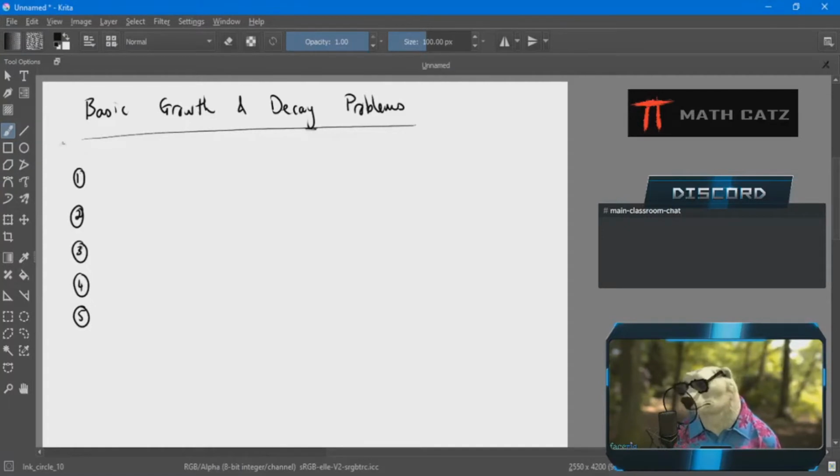The very first one is the most basic I can come up with. Let's call it basic exponential growth. And let's come back to this page as we go further in this list.